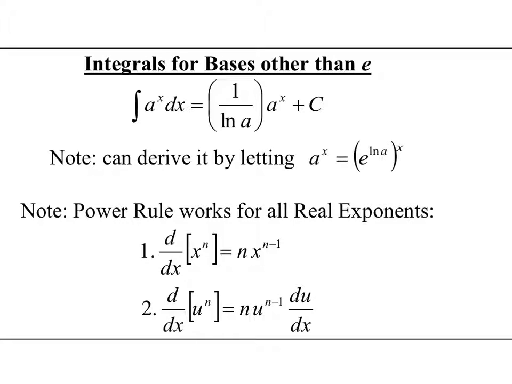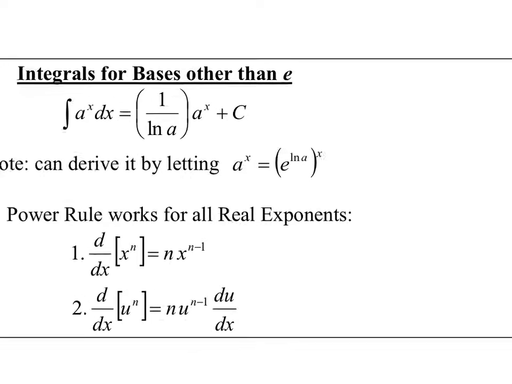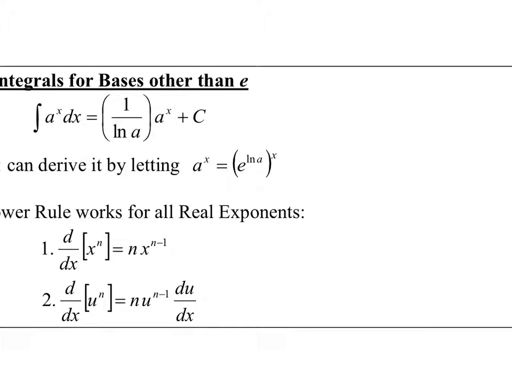If you think about what we had before, the integral of e to the x was e to the x. We also had the derivative of a to the x was a to the x times ln of a.